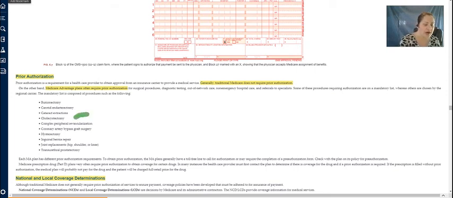Getting your gallbladder out, getting a bunion fix, getting a hysterectomy, getting your prostate removed. Things that are scheduled out often require pre-certification. Like I said, Medicare Advantage, not typically regular Medicare or traditional Medicare.